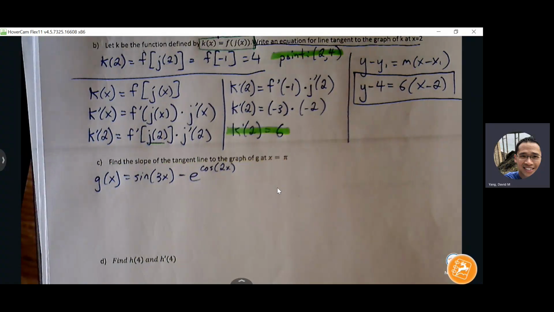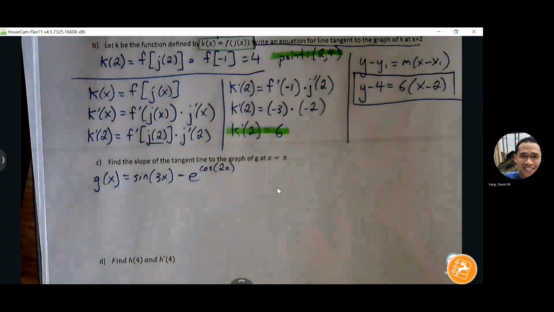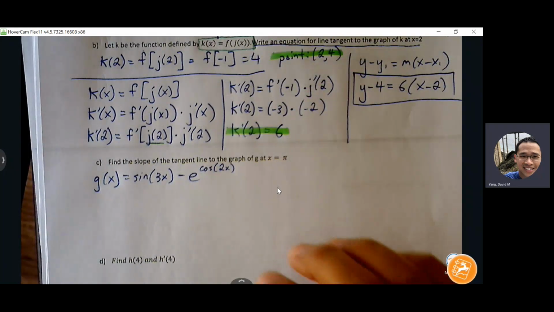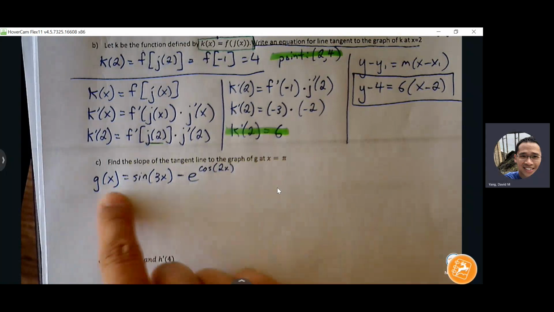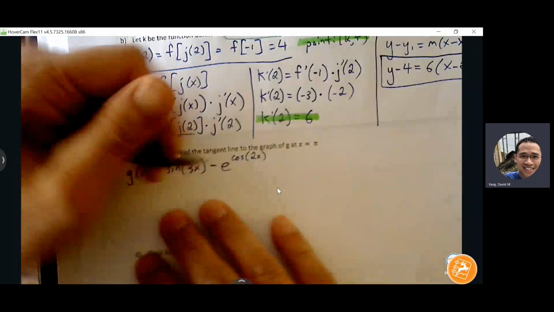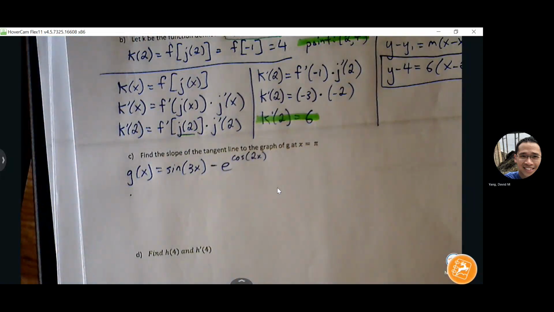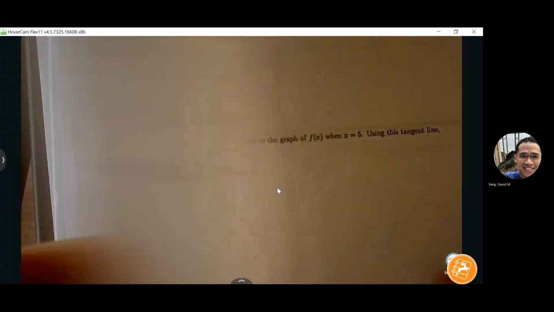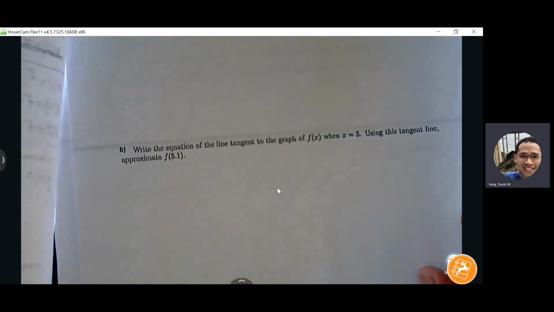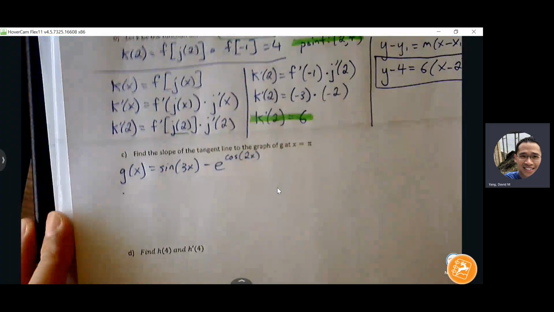Let's go ahead and find the ordered pair first. If I want to find the ordered pair, I know my x value is what? Pi, so I can plug pi in for x, and let's get to our ordered pair. This quiz is going to be non-calculator.